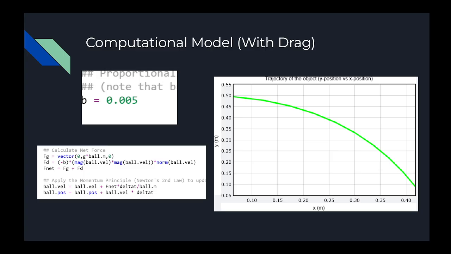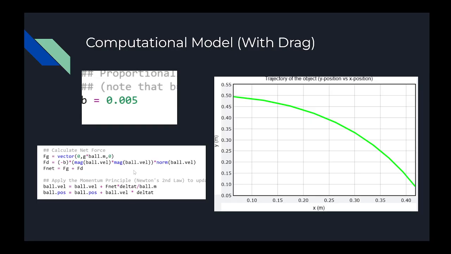So the computational model with drag had all of the same initial conditions, except we had a b value that we found to be 0.005. We walked through the math of finding the drag force, plugging into the equation, and we added it to the gravitational force.